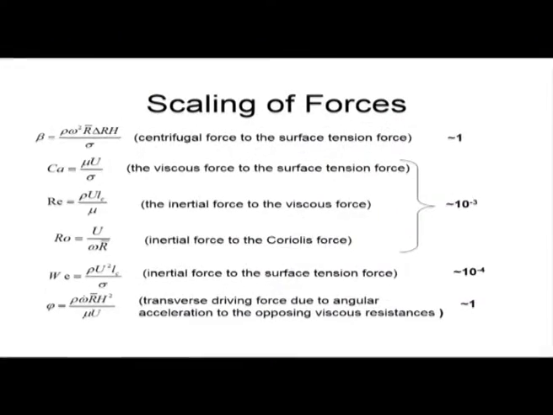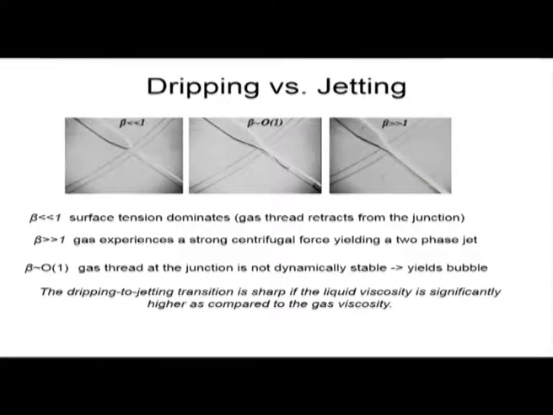So you can see that, this is something which is very interesting. For beta much less than 1, surface tension dominates, because beta is centrifugal by surface tension, and the gas thread retracts from the junction. These are experimental pictures taken in our lab.